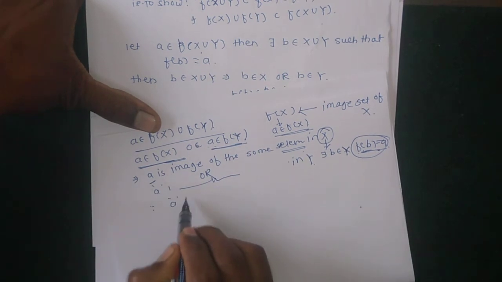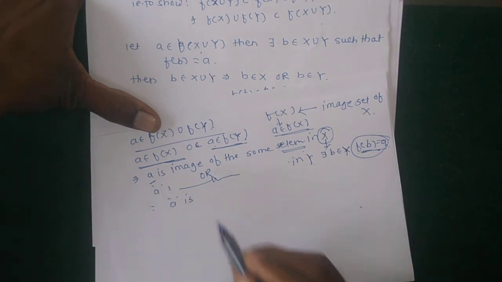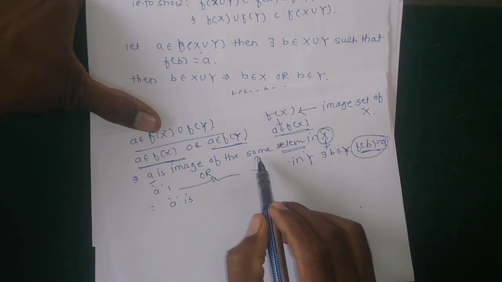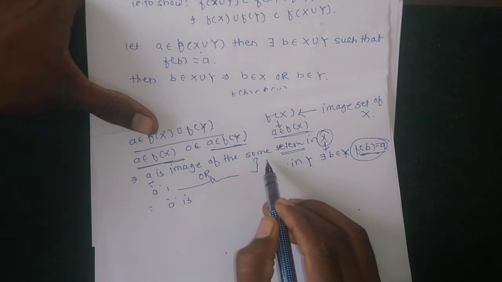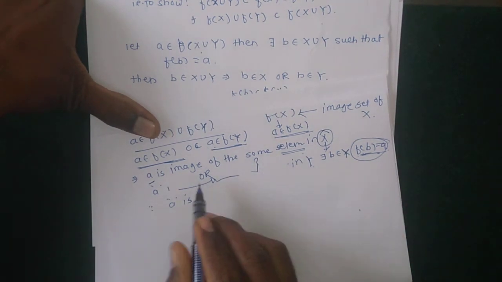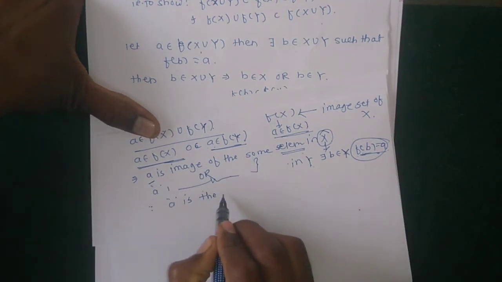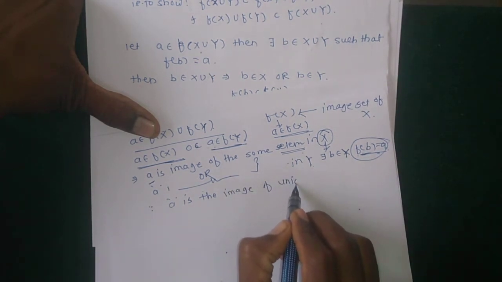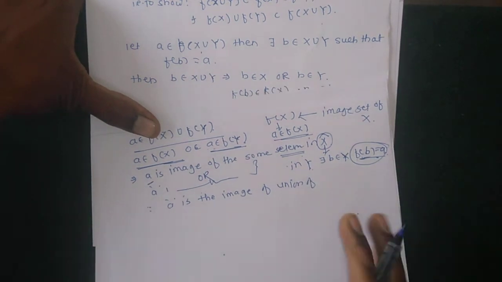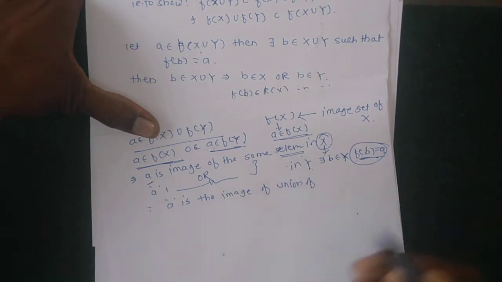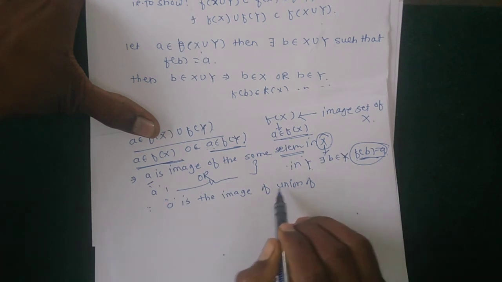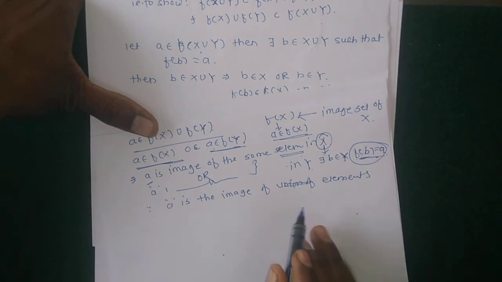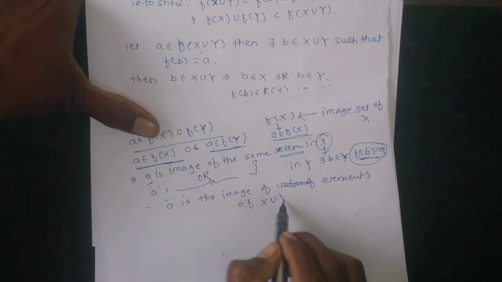Therefore a is the image of some point. This means that a is the image of an element of the union of these two sets, the image of elements of x union y.